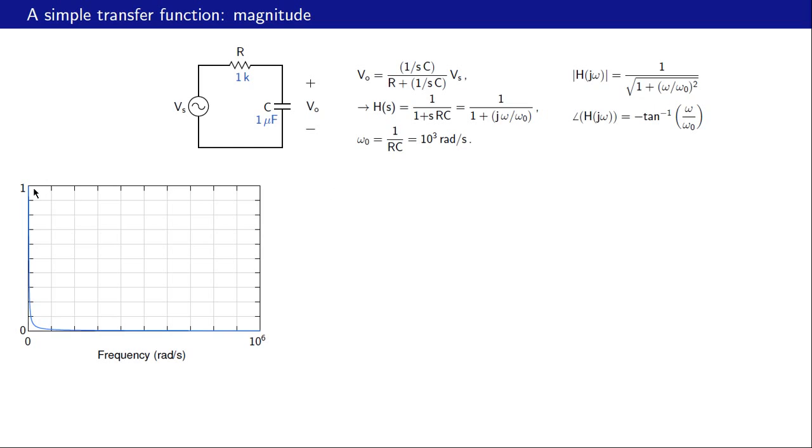That is what we see over here. As omega increases, mod of H goes as 1 over omega. So as omega goes on increasing, mod of H goes on decreasing, and it appears like 0 here in this plot. Now this kind of plot is not very useful because we can't distinguish between the mod of H values at different frequencies, and clearly some improvement is required. So let us see what that is.